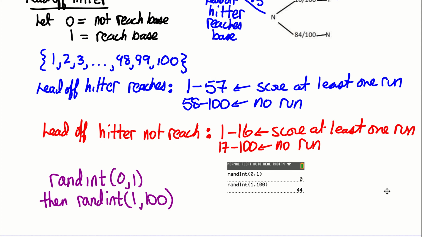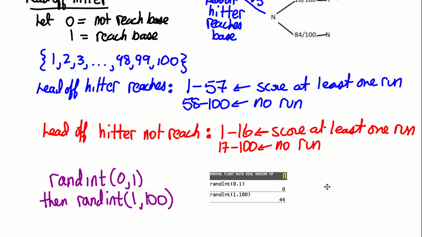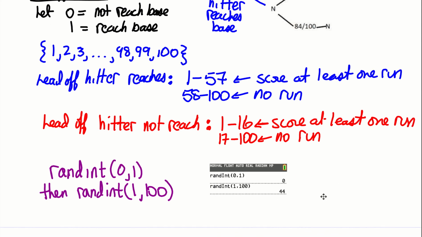All right. Now, is that going to tell me every little detail that happened in an inning of baseball? Probably not. And again, it completely neglects. I can't simulate a final score of a baseball game here because at least one run, like I said, it could be 20 runs or it could be one run, right? Or anything in between.